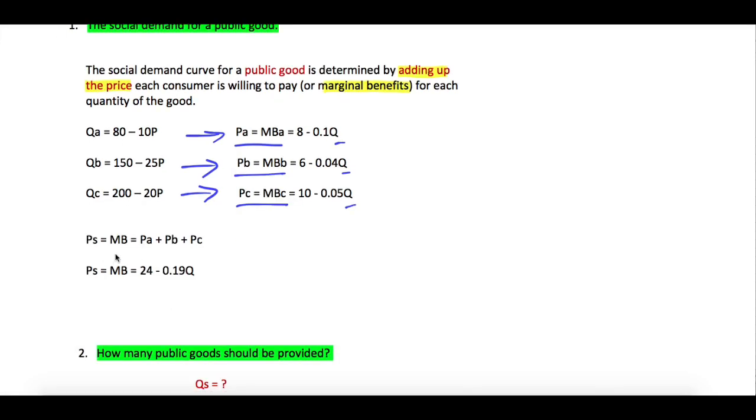By adding up the prices, you get PS equal to MB equal to 24 minus 0.19Q. So this is the demand curve for public goods.